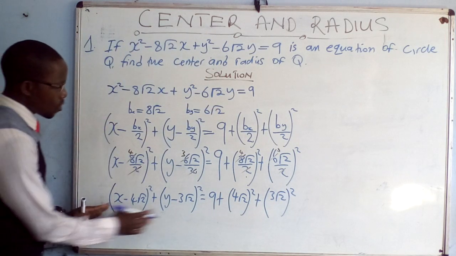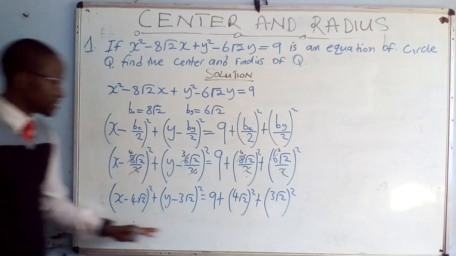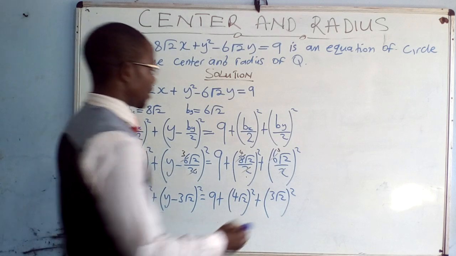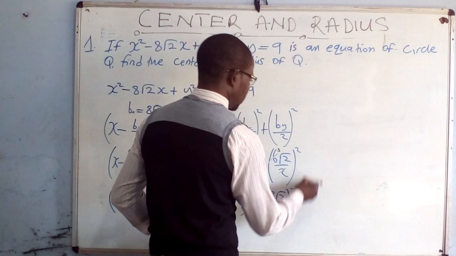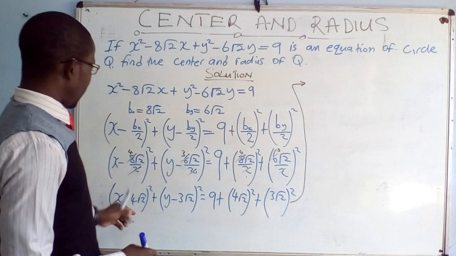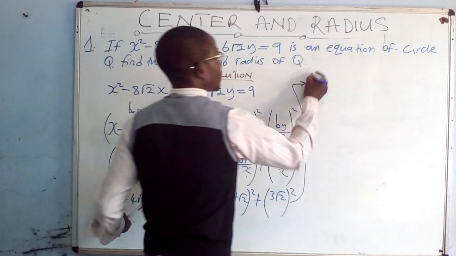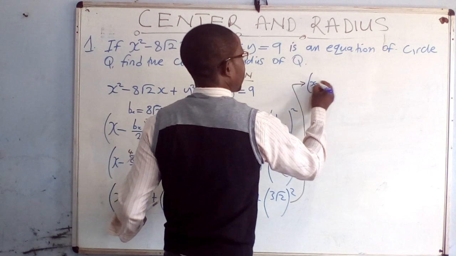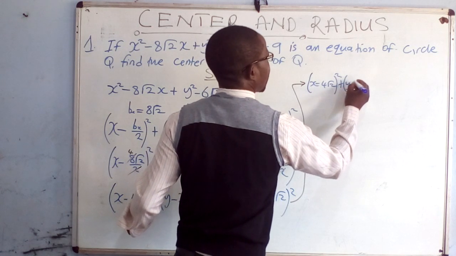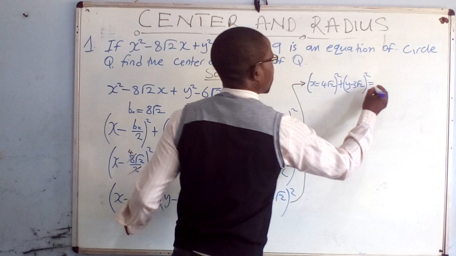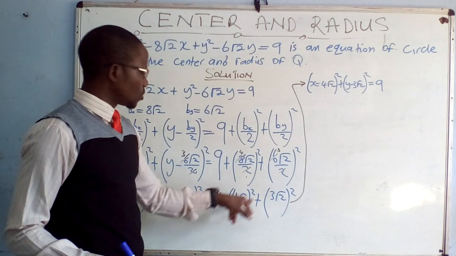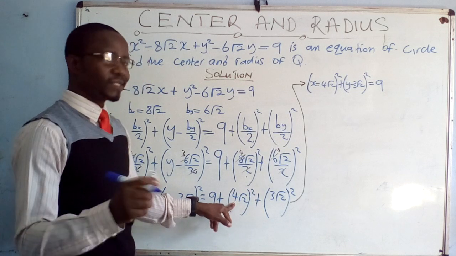At this point, we are done with this part. We concentrate on the right hand side. For the right hand side, we have x minus 4 root 2 to the power 2 plus y minus 3 root 2 to the power 2 equals 9. 4 root 2 to the power 2 means 4 times 4, 16.